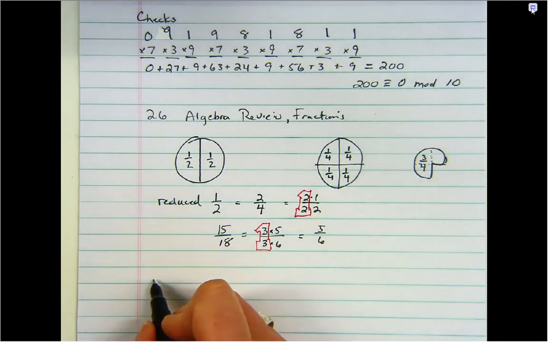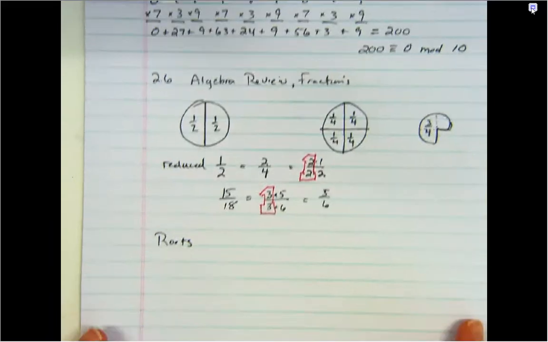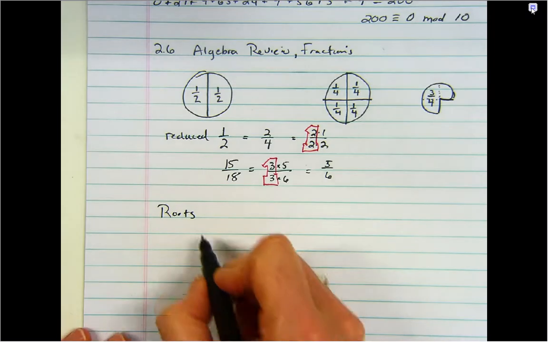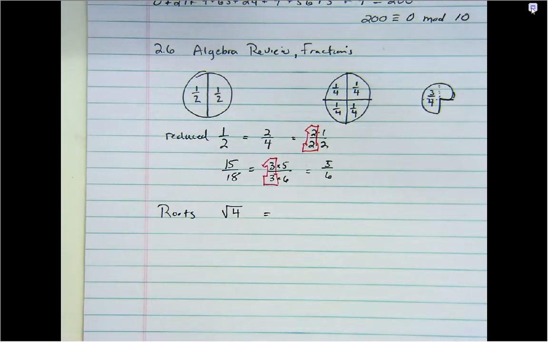We'll also be looking at roots. So that square root symbol, when we have the square root of 4, what would that be? 2. Good.